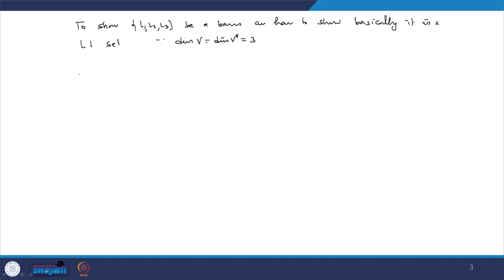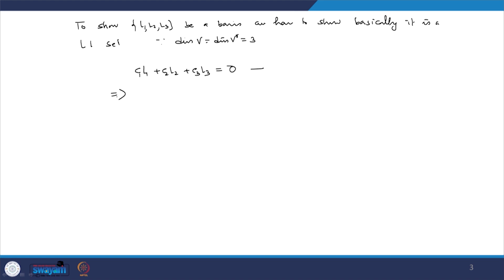Now, to prove this is linearly independent, let me consider a linear combination of L1, L2, L3, given by c1 L1 plus c2 L2 plus c3 L3. Suppose this is equal to 0. I have to show that c1 equal to c2 equal to c3 equal to 0 is the only solution.